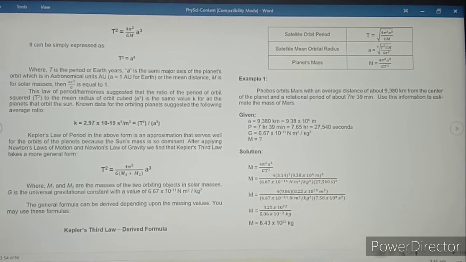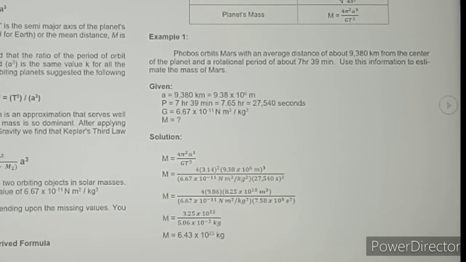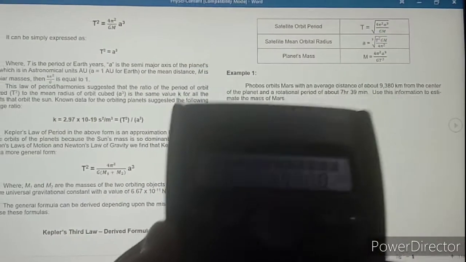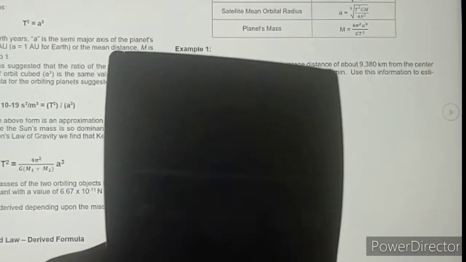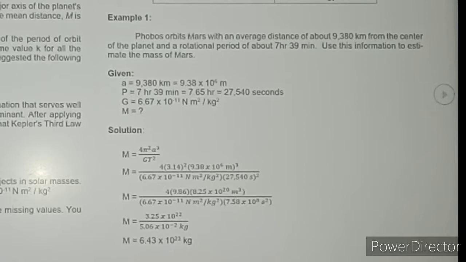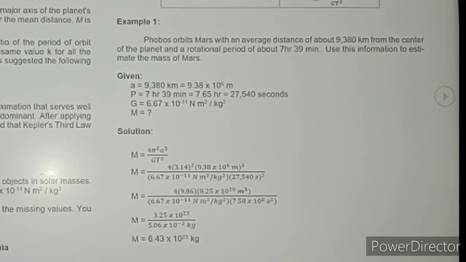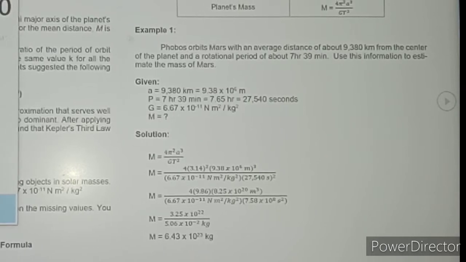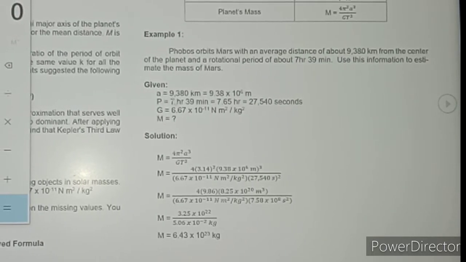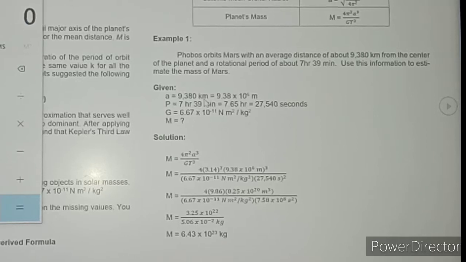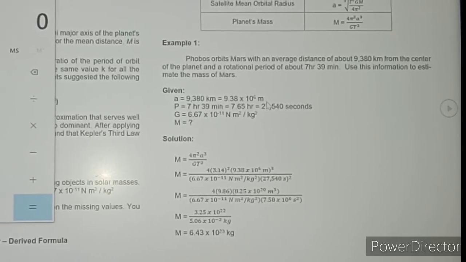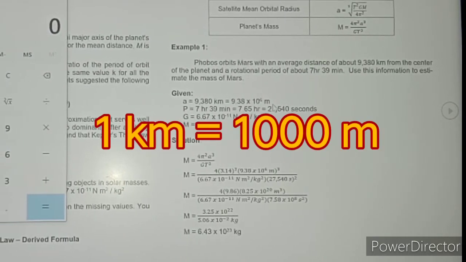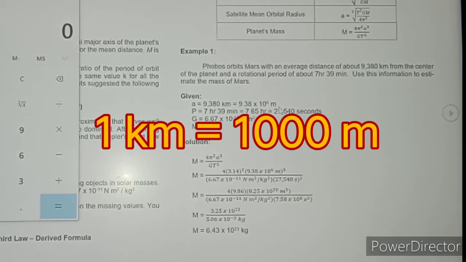Okay? So, kung gagawin natin siya sa calculator, paano po maipapakita yung pagpapalit ng scientific notation? So, we have here the calculator. Okay? So, paano po natin maiko-convert yung given value natin in kilometers into meters? Tandaan po ninyo, in 1 kilometer, there is 1,000 meters.